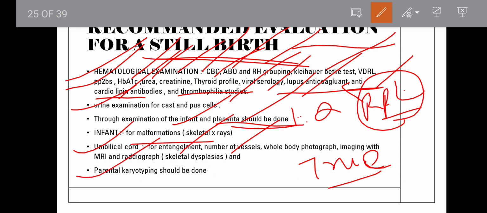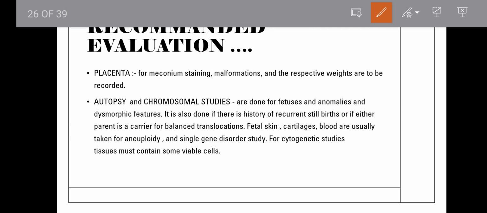Parental karyotyping should also be done in case of recurrent pregnancy loss to rule out any balanced translocation. As I discussed, the placenta should be examined for meconium staining and any malformation, and respective weights are to be recorded.